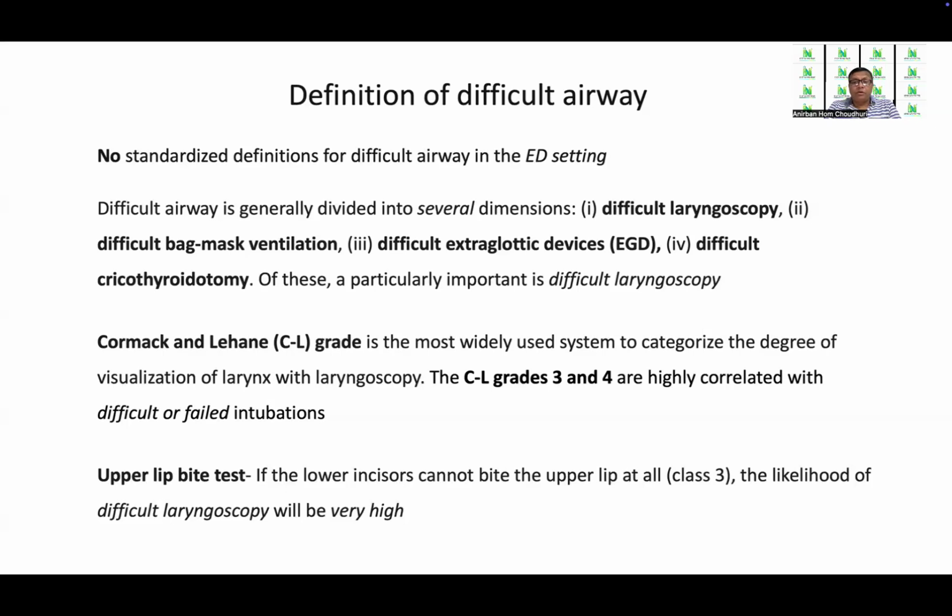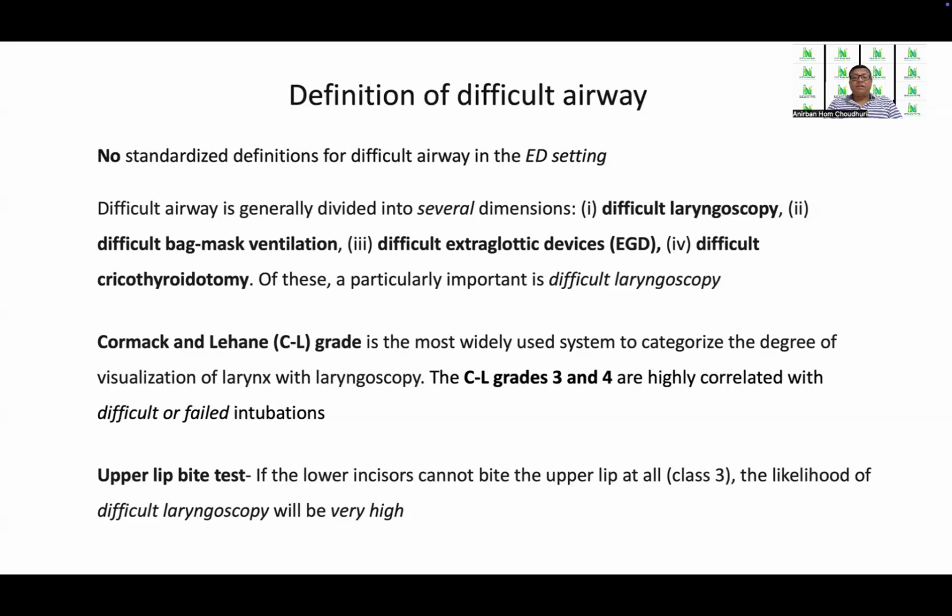All are important, no doubt, but of particular importance is difficult laryngoscopy. In difficult laryngoscopy, we are all aware that the Cormack-Lehane grade is the most widely used system. Especially all my friends from anesthesiology are well versed in categorizing the degree of visualization of the larynx with laryngoscopy.